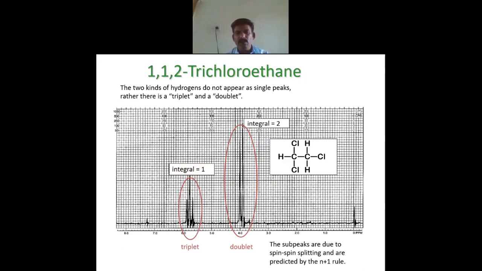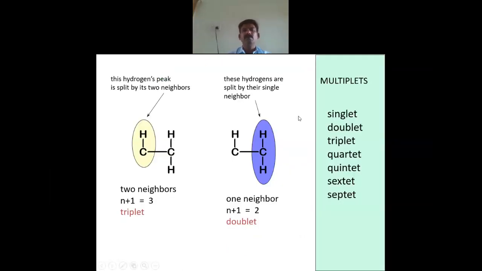See this compound: this is the CH2, its neighboring group is the CH, and the neighboring group of the CH is this blue one, CH2.